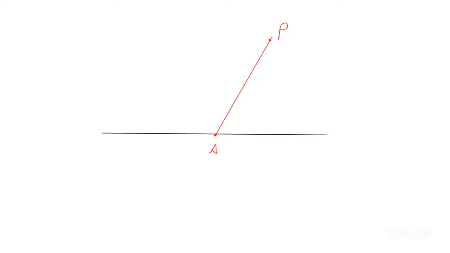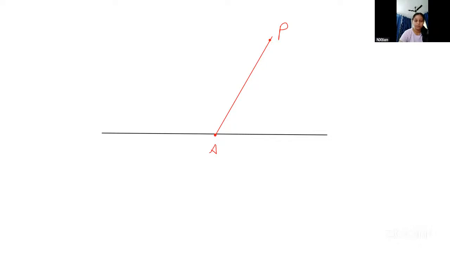Now, this was my line, and this was where I marked a point A. And a point P. Name them A, P. Join them. Now put your compass on point A and cut an arc.